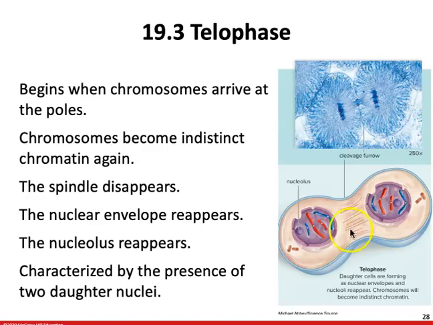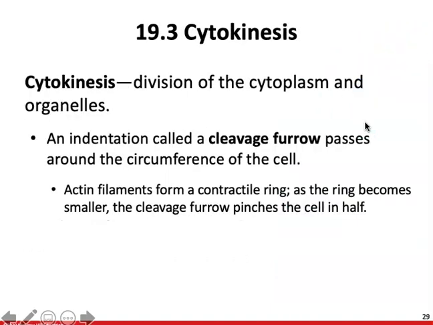Actin filaments, those thin filaments, are going to be responsible for forming a contractile ring. Basically, they're just going to form a ring of filaments right around this region, and they're going to pull it tighter and tighter and tighter until eventually we pinch off those two cells. So those actin filaments are going to form a contractile ring. As the ring becomes smaller, the cleavage furrow is going to pinch the cell in half.